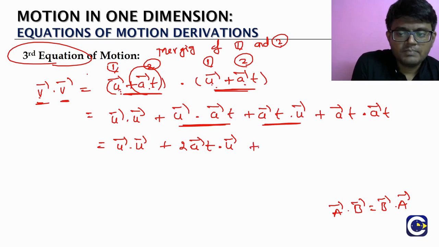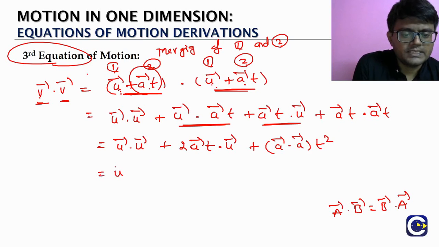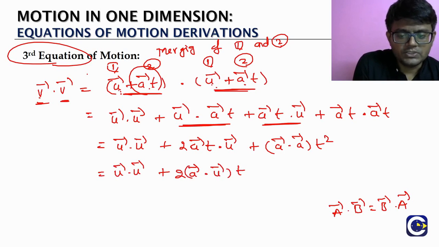Plus a dot a into t square. Here also we can just take the t out because it is after all a scalar quantity. So we'll have 2a dot u into t. We'll keep the scalar numbers 2 and t separate. Then a dot a into t square.